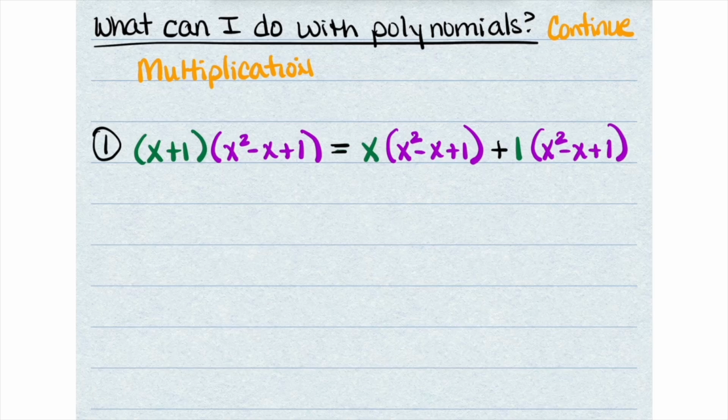So now if I multiply this left-hand side, remember distributive property, I get x times x squared plus x times x plus x times 1.